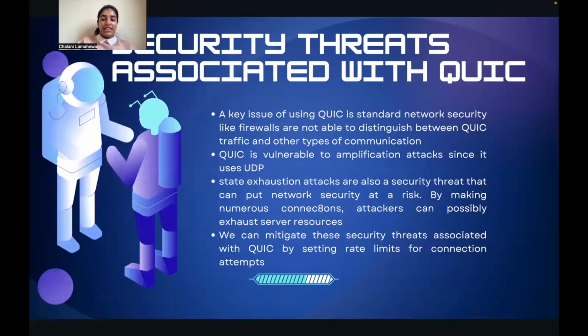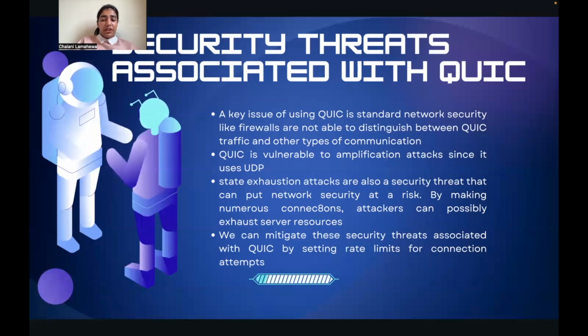Now we can discuss security threats associated with QUIC. A key issue of using QUIC is that standard network security like firewalls are not able to distinguish between QUIC traffic and other types of communication. Thus, network security is jeopardized as firewalls are less successful at identifying incoming threats through QUIC. However, because of the inbuilt TLS 1.3, this issue can be minimized.